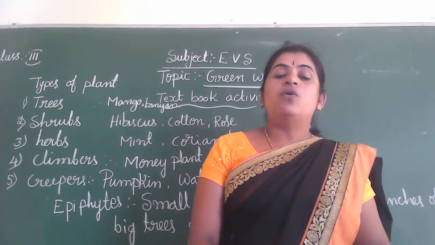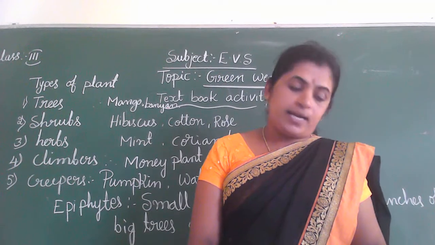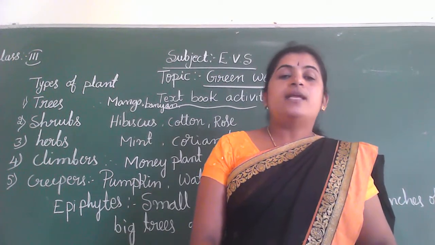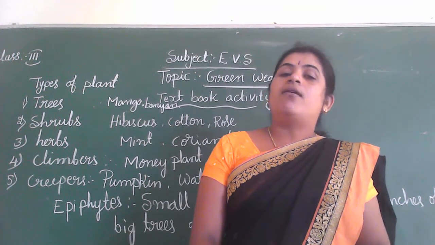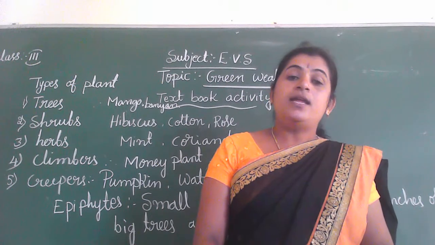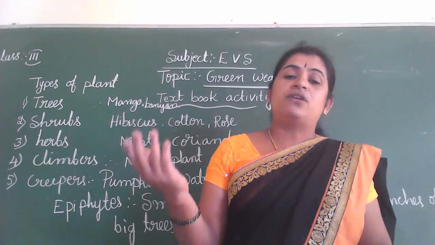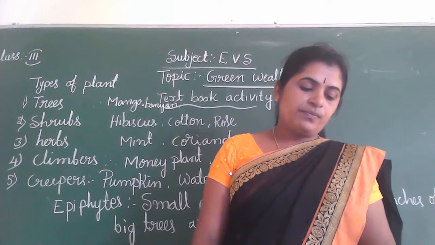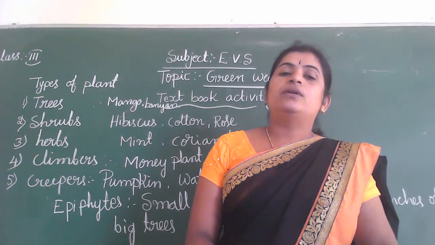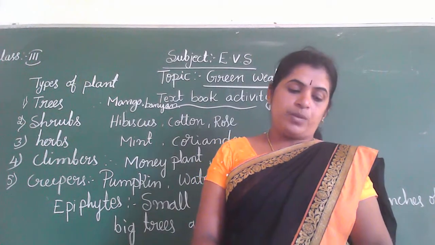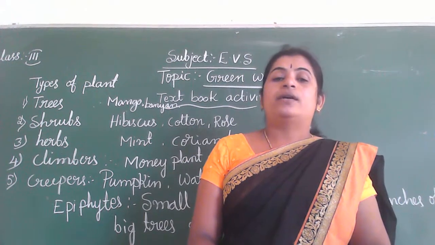Leaf, almost all leaves, which color? Green color. Stem is also green or brown color. Flowers, different. So many flowers have different colors. Root, which color? Yes, brown. And fruit, yes, green.